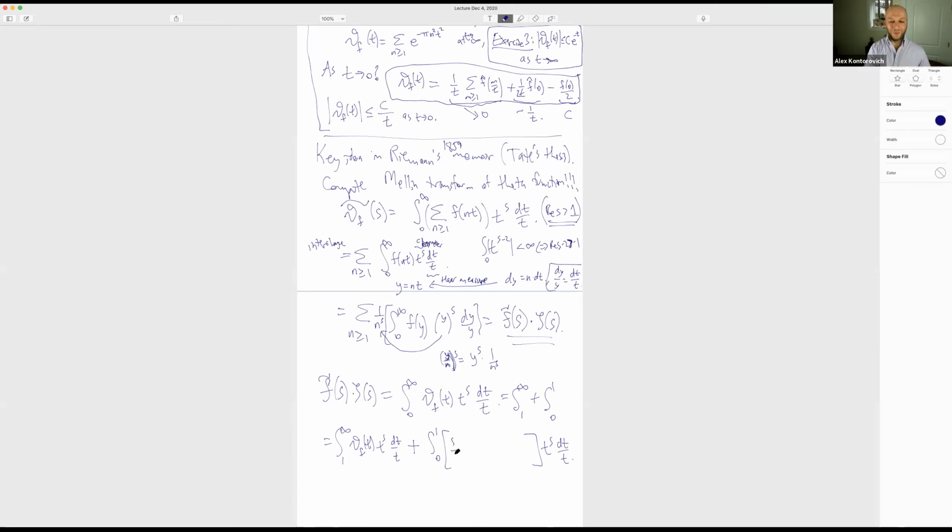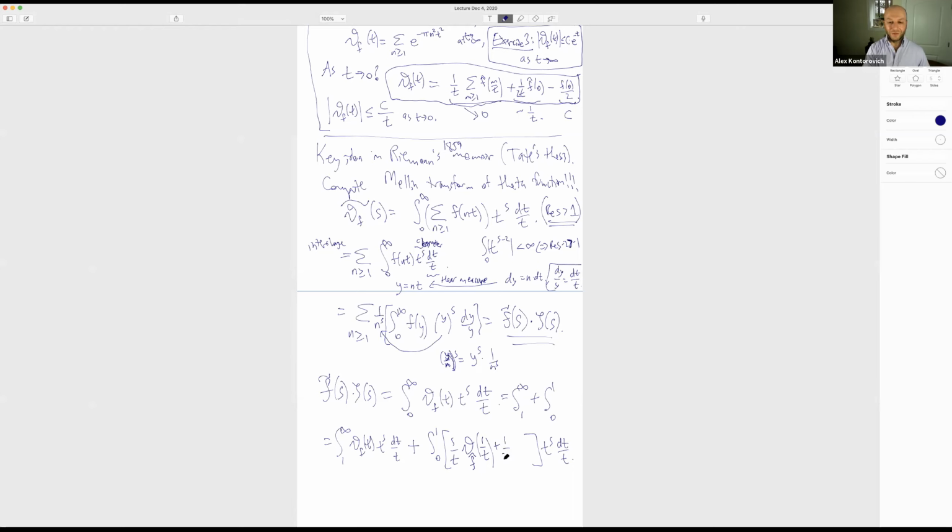Okay, so I'm going to put 1 over t. This is actually theta, not for f, but for f hat, not at t, but at 1 over t. Does everybody see that? Can you see this, or is it getting too small? Okay, great.